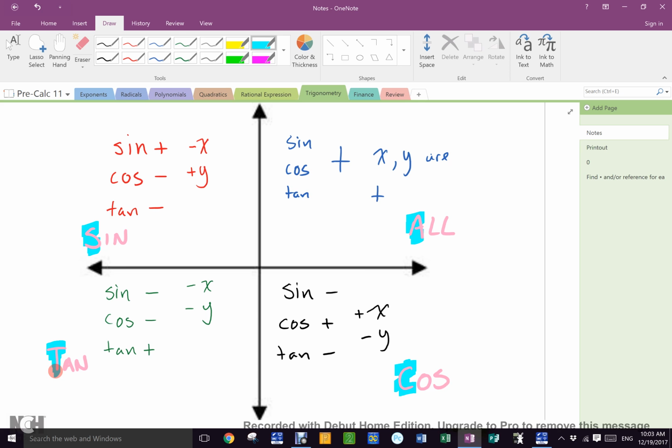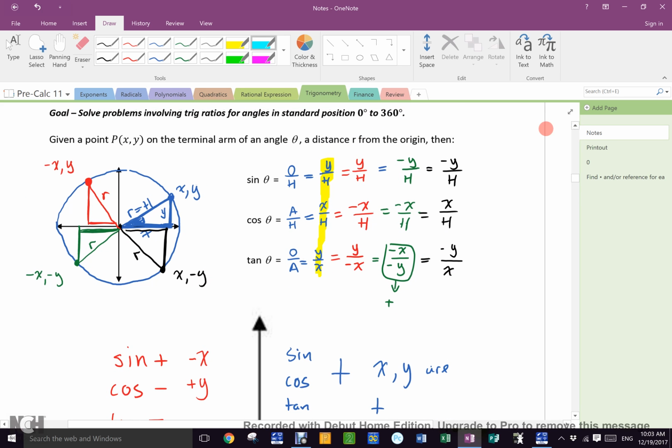Now, some of you will have noticed that we used X and Y up here, didn't we? Right? And the CAST depended only on X and Y, didn't it? I mean, X and Y are right there.